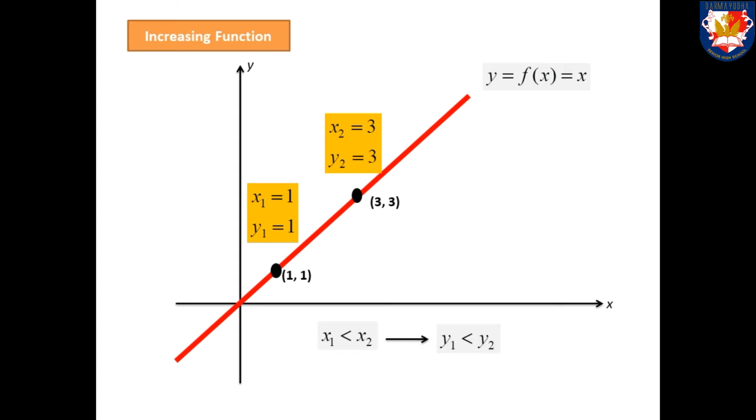It is obvious that x1 is less than x2 implies y1 is less than y2. Since y equals f(x), we can say f(x1) is less than f(x2). So this is an increasing function. Meanwhile, the gradient of this function is 1, which is greater than 0. We will see the use of the gradient in the next section.